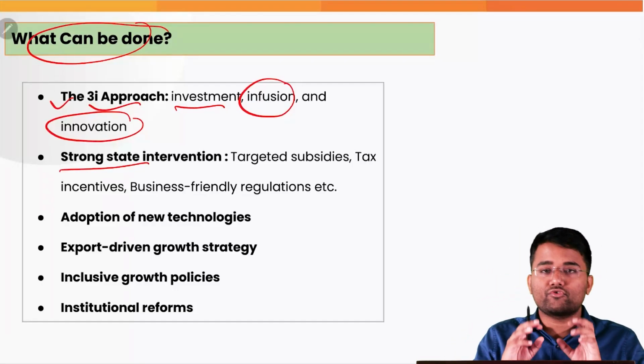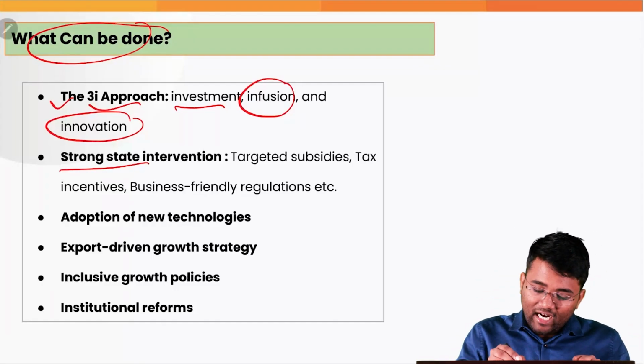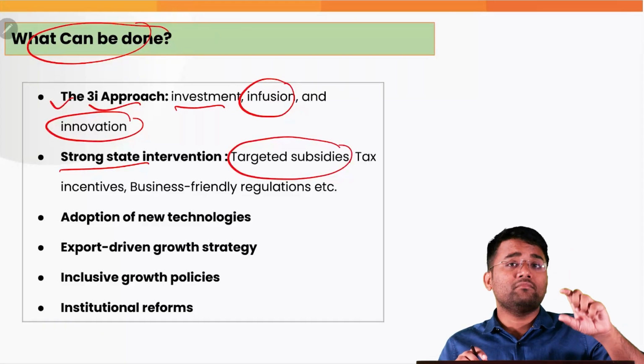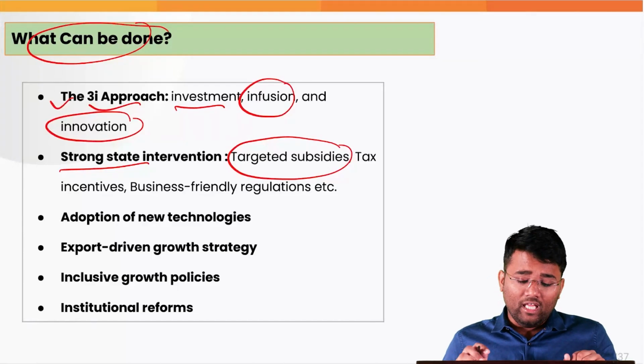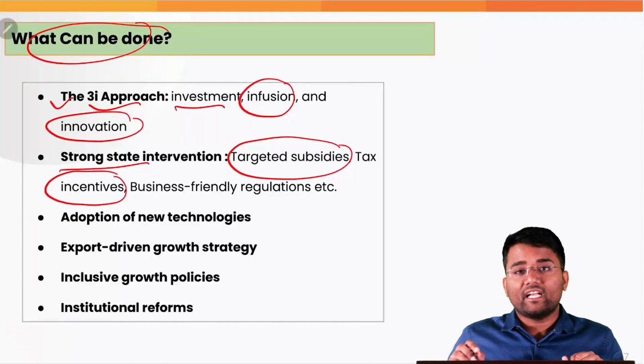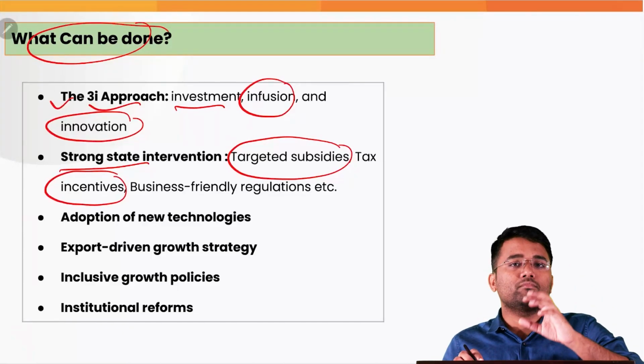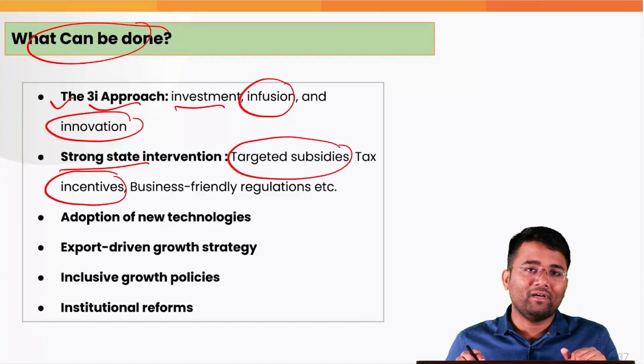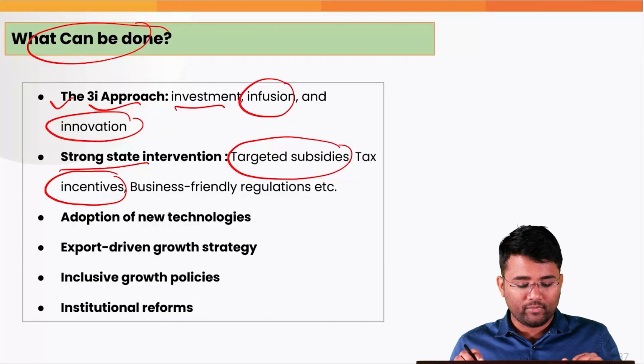Also, there is a need for strong state intervention. For that, government may give some targeted subsidies, especially to some high growth sectors. Then there might be some tax incentives provided to some government companies which are performing well with the agenda of the government, that are providing more and more jobs to the people.